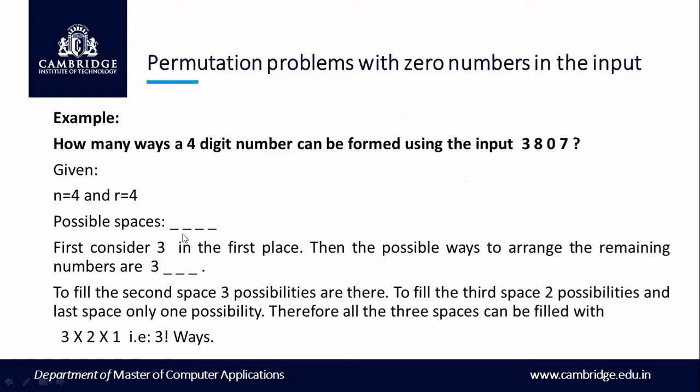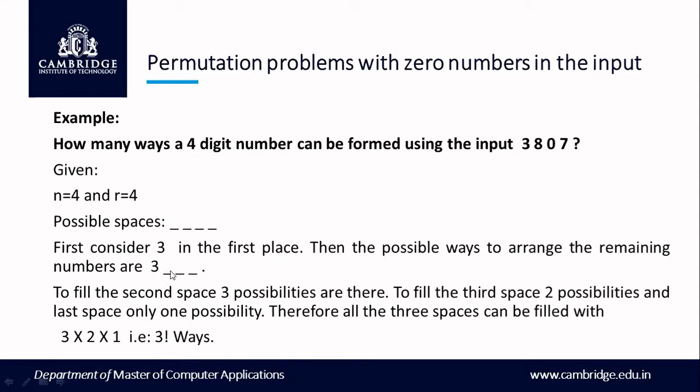That is, the possible space is 4. Out of the possible 4 spaces, first consider the first place. So let me take 3 in the first place. If I put 3 in the first place, then what are the possible ways to arrange the remaining numbers after 3?